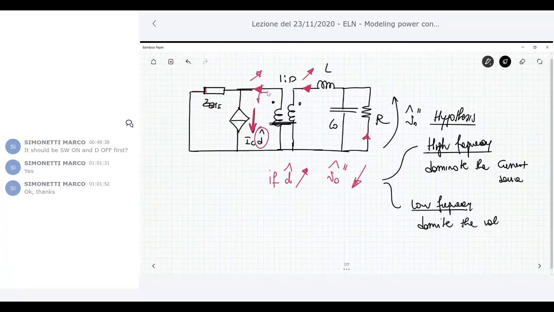So we can conclude that there is a low frequency range in which the output voltage is increasing, the contribution of the small signal is increasing, and a high frequency range in which the output voltage is decreasing.